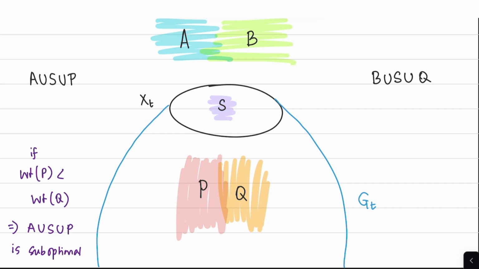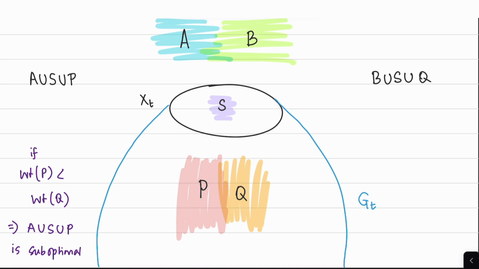Now, our claim is that if, for example, the weight of the vertices in P is smaller than the weight of the vertices in Q, then the independent set A union S union P is not the max weight independent set of the graph. You can find a better independent set than A union S union P. I invite you to pause here for a second to confirm that this is clear. We are going to justify this claim in just a moment.